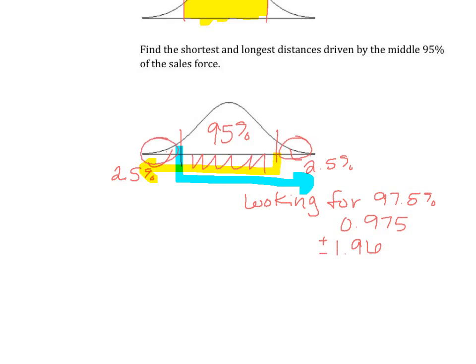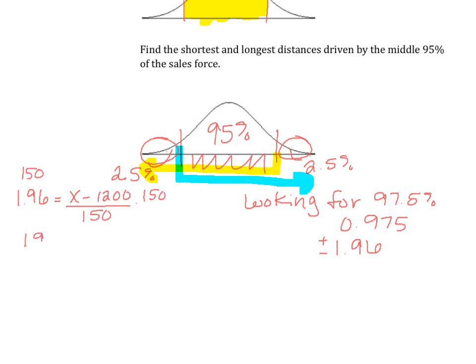So now we can use the formula backwards, because we don't know the x number. We know that the z-score is 1.96, and that's equal to some mileage minus the average divided by the standard deviation. So our goal is to get x by itself. We'll multiply each side by 150.